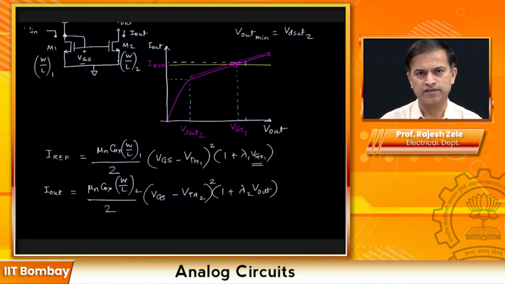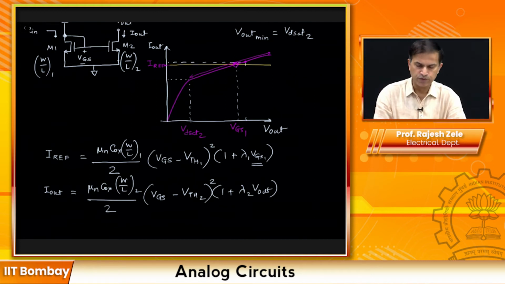Since these two transistors M1 and M2 are right next to each other, you can assume that, and also there is no body effect in this case. Both of them will have ground as their body. So we can assume that VTH1 is equal to VTH2.